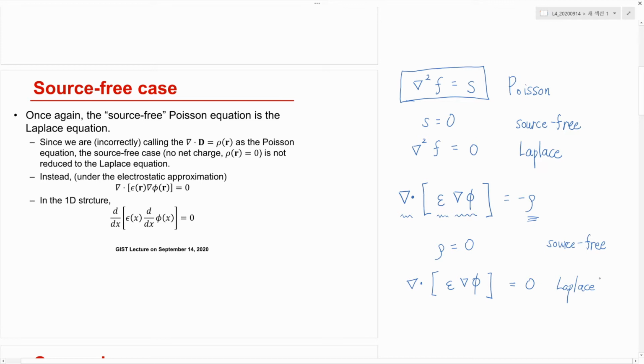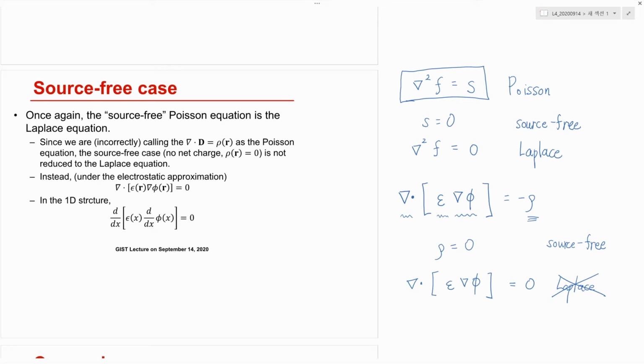Of course it is not. Therefore our solution method for this source-free Poisson equation should be different from that for the Laplace equation. In lecture 4, we will study the way to solve the Poisson equation.